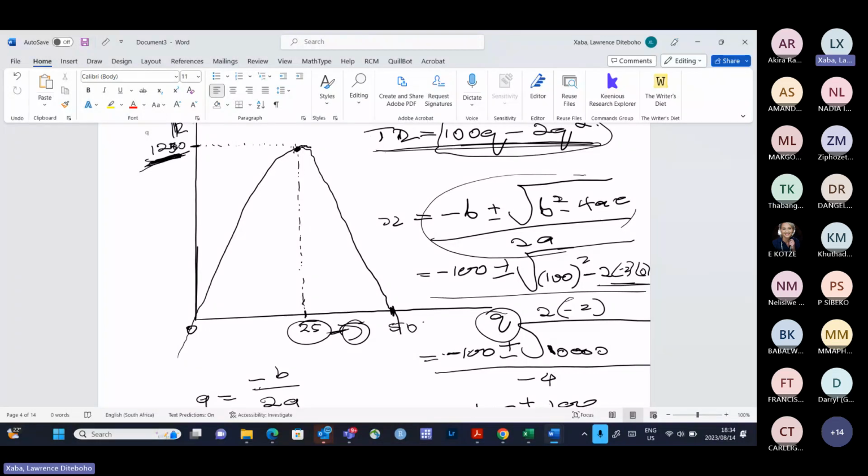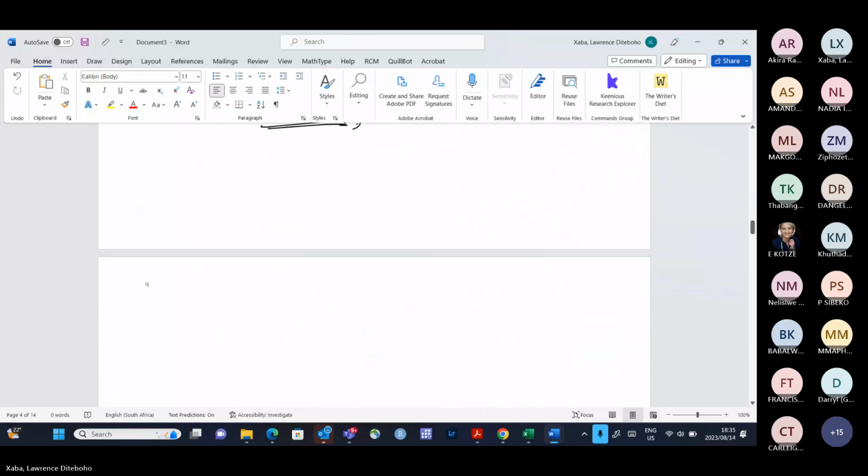Okay. So remember, this was total revenue. So we are done with total revenue. Now we are moving to total cost. So we say total cost is a cubic function.